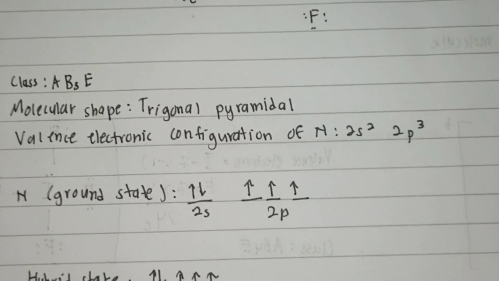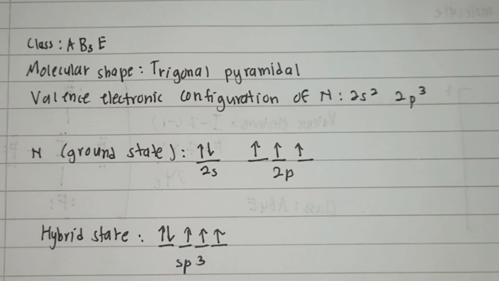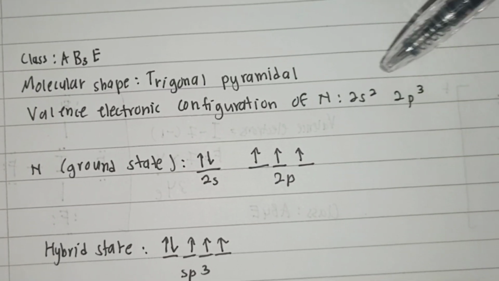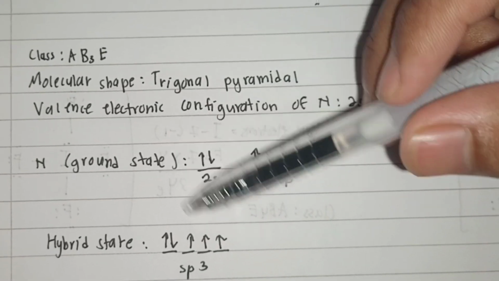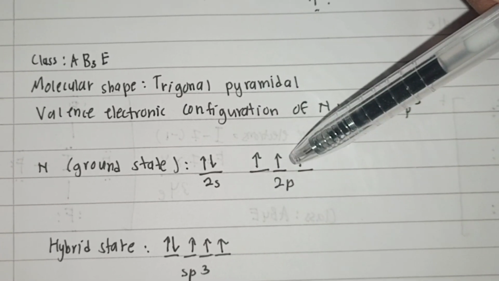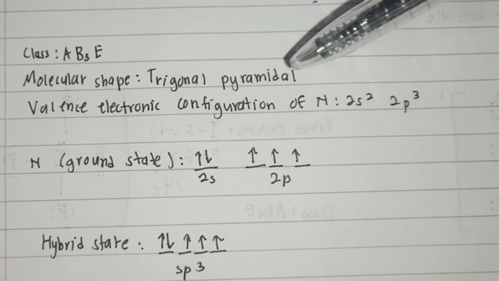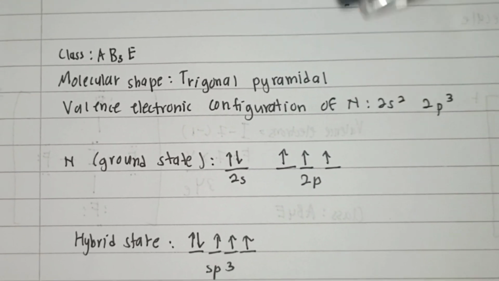To describe the hybridization process, first we need to draw the ground state, which has 2s2 and 2p3 configuration. So we draw 2s2 and 2p3 right here. S has only 1 orbital and 2p has 3 orbitals, so we draw it like this because it has 5 valence electrons.